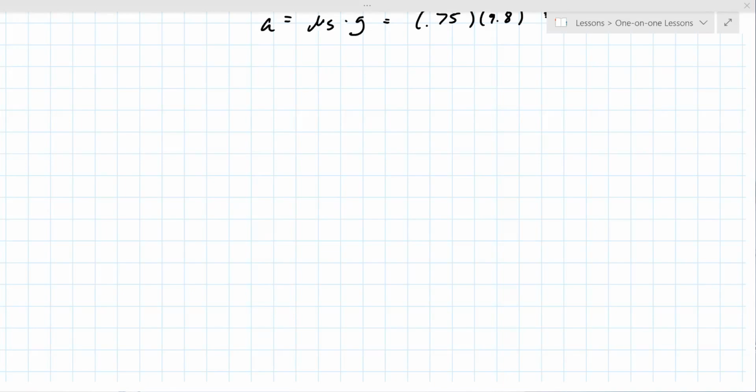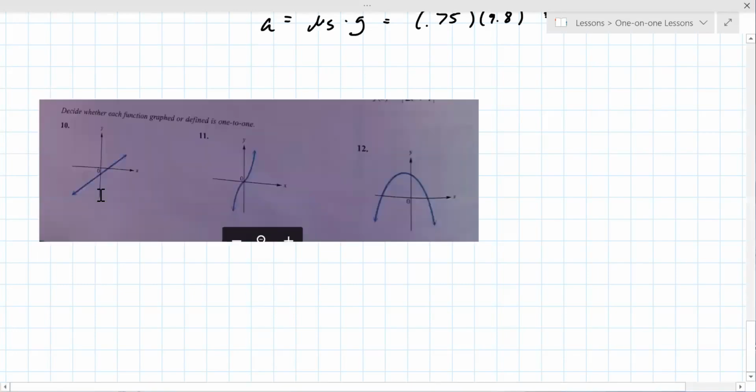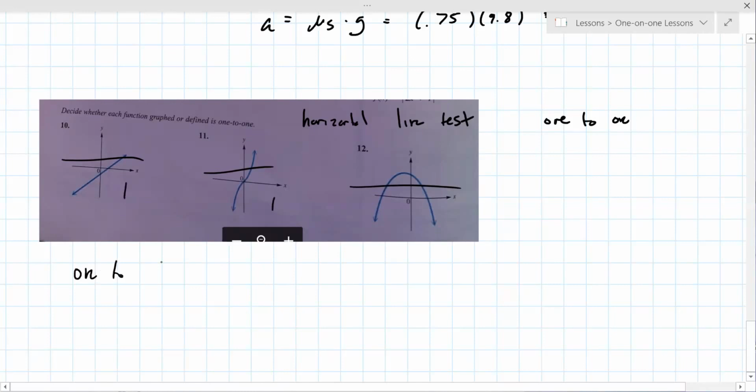Number 10. Okay. The way you do 10, 11, and 12 here for 1-to-1 is what's called a horizontal line test. I know you're familiar with the vertical line test for functions. The horizontal line test is for whether it's 1-to-1. So you draw a horizontal line, horizontal line, horizontal line. If it hits it one time, it is 1-to-1.